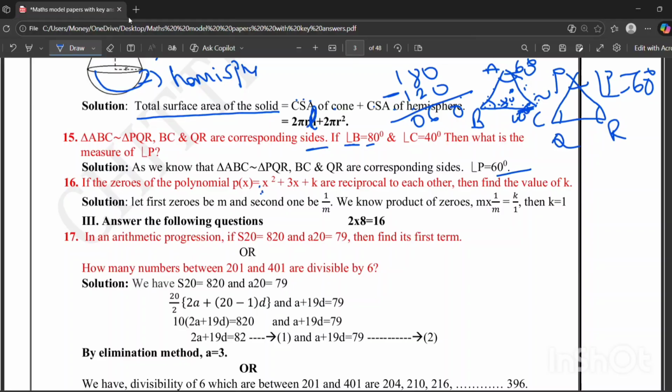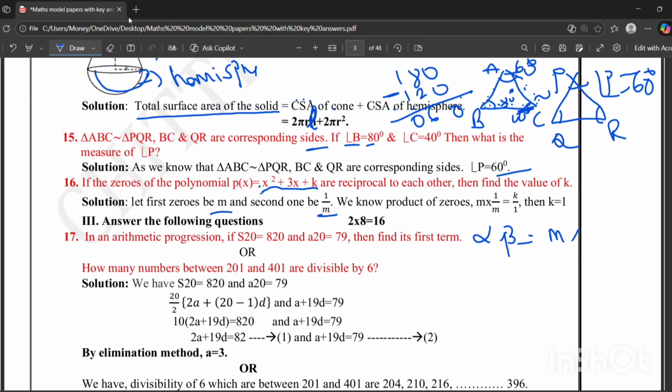Next, if the zeros of the polynomial p(x) equals x square plus 3x plus k are reciprocal to each other, find the value of k. Let us take one zero as m, and the other zero is reciprocal, means 1 by m.